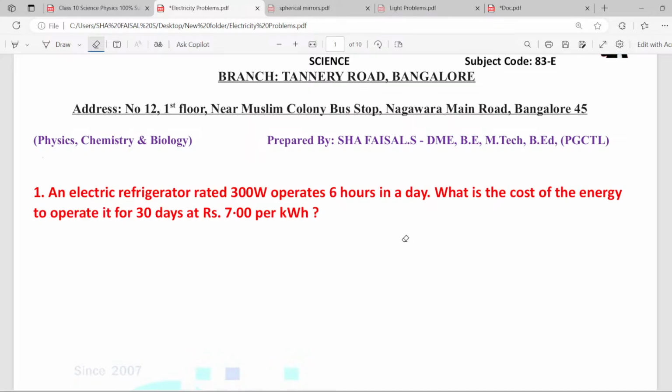An electric refrigerator rated 300 watt operates 6 hours in a day. What is the cost of the energy to operate it for 30 days at rupees 7,000 per kilowatt hour?